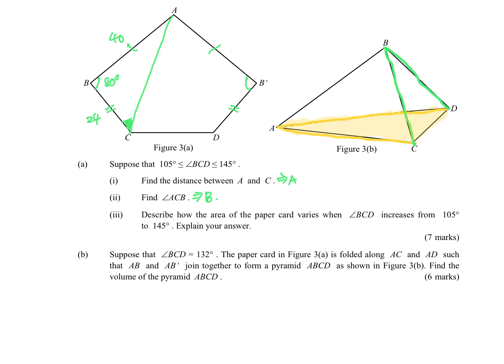First of all, we try to define this, let's say this is M. For part B, we define M as a point on CD such that BM is perpendicular to CD.